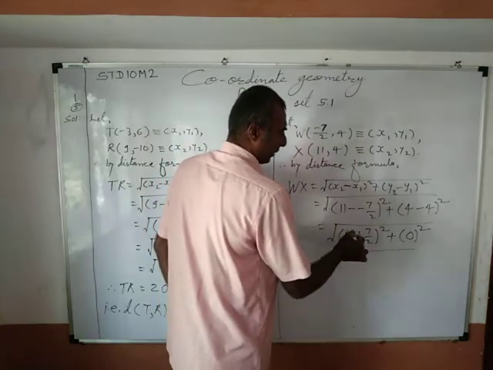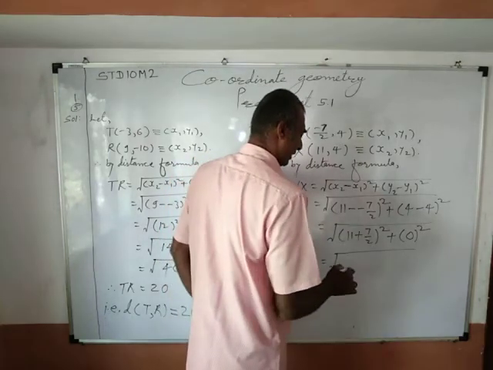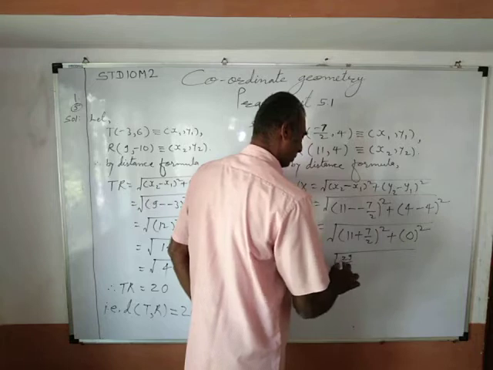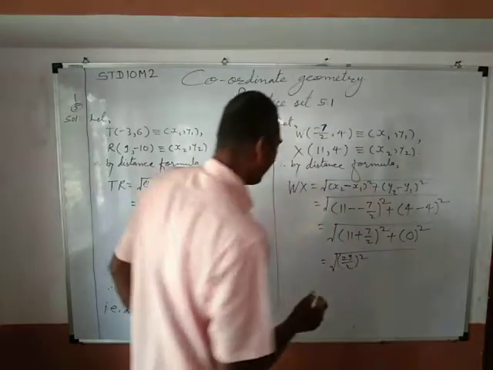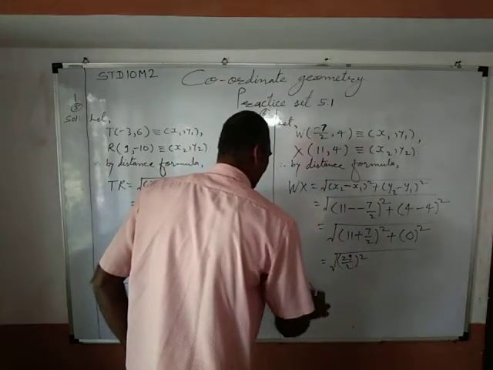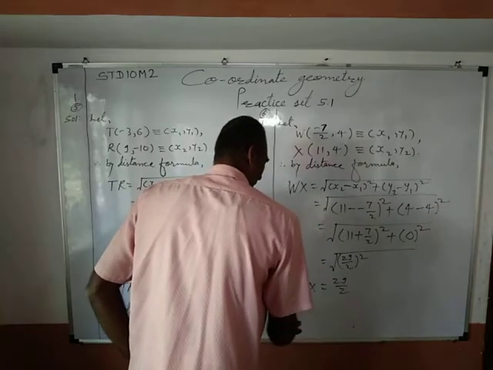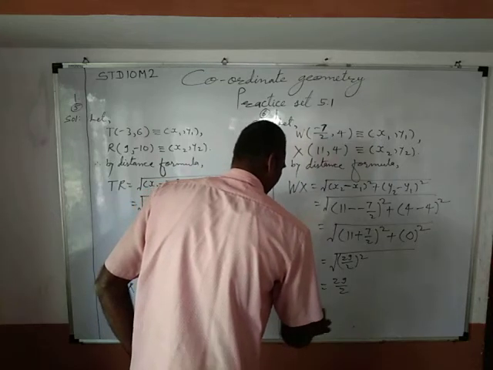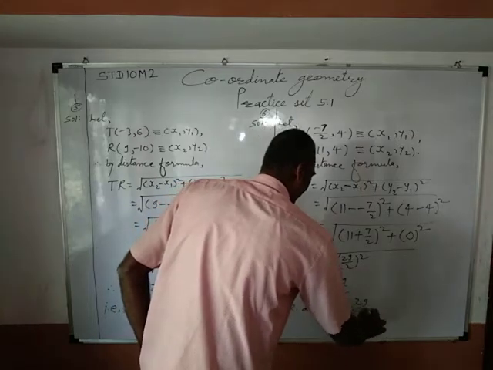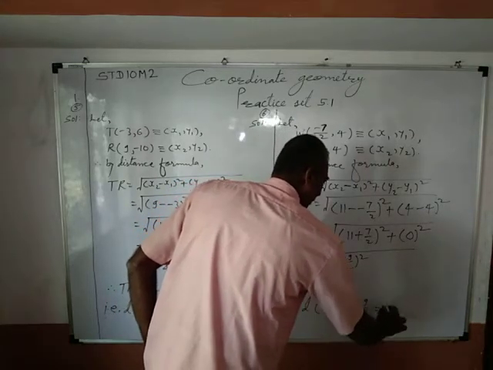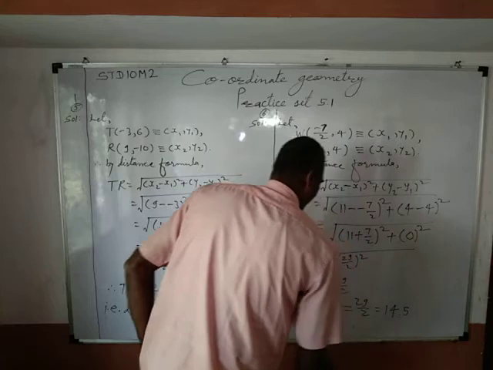Denominator of 11 will be 1, then 2 11s are 22, 22 plus 7 is 29 upon 2, its square plus square of 0 will be 0, and therefore WX equals 29 upon 2, that is, distance between W and X is 29 upon 2, which equals 14.5. 2 1s are 2, 2 4s are 8 and 2 5s are 10.